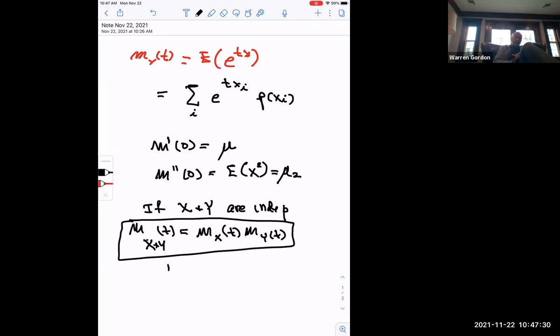I think I called this a reproductive property. And this property is very useful in finding the mean and the variance of any distribution.